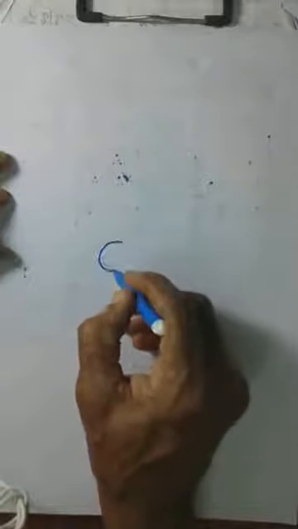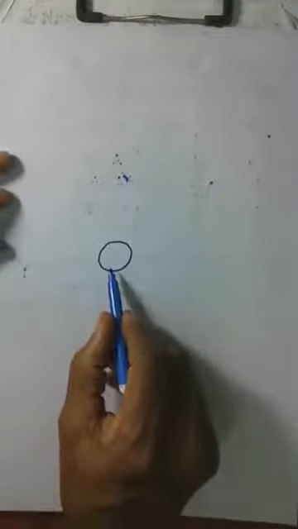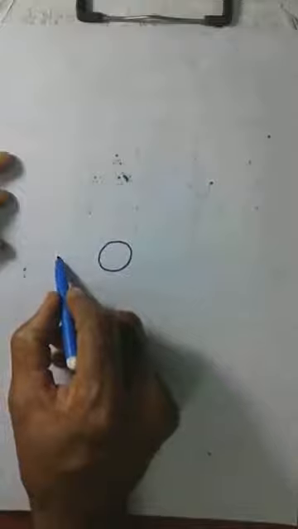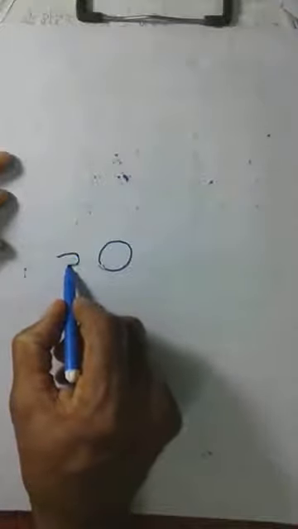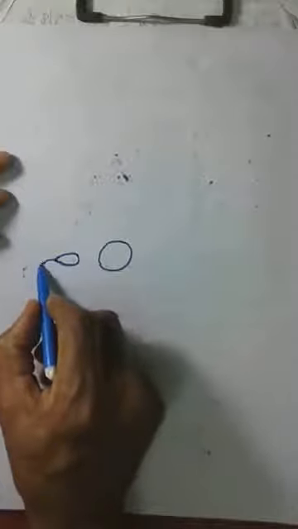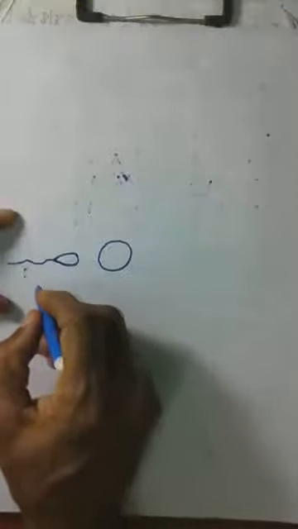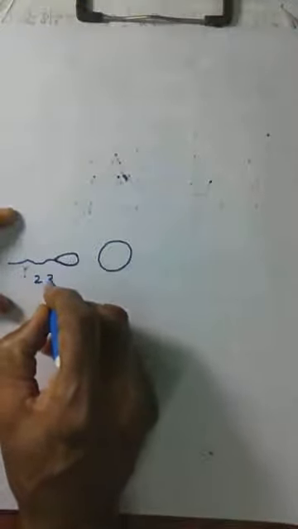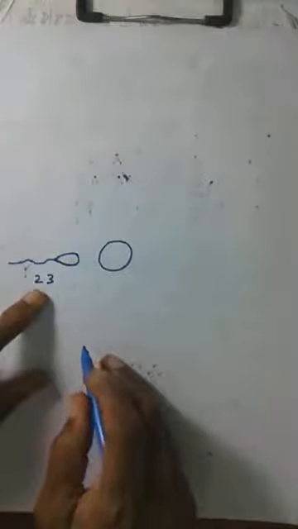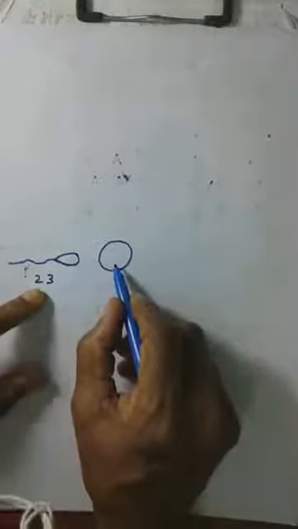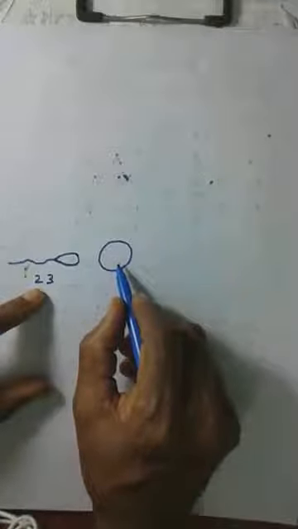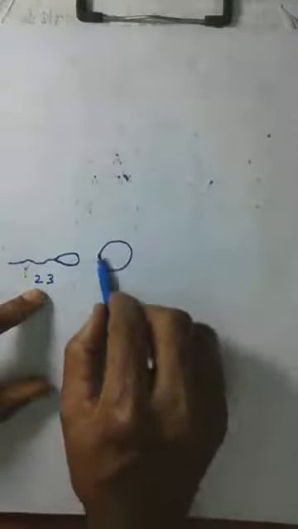For example, here there is one ovum without nucleus, and here is the sperm with 23 chromosomes, and this ovum has no nucleus, so there is no chromosome at all.